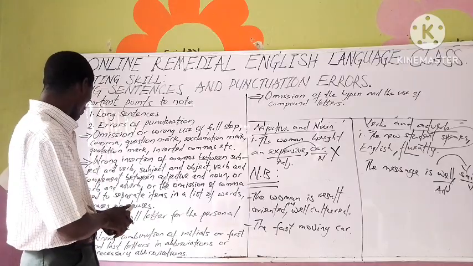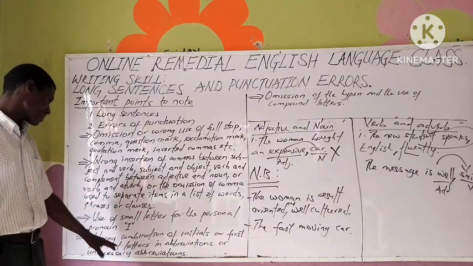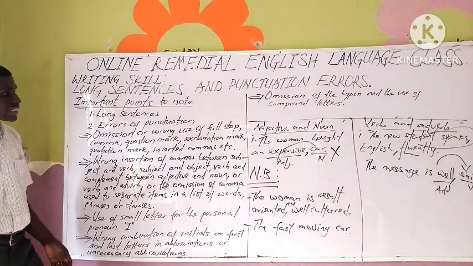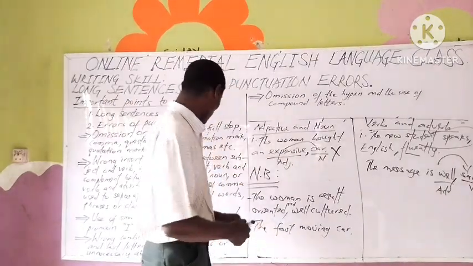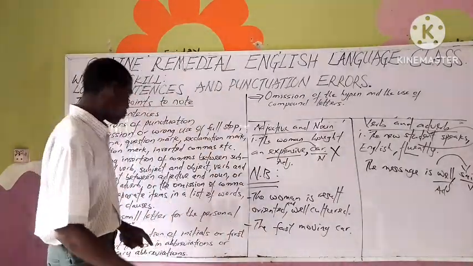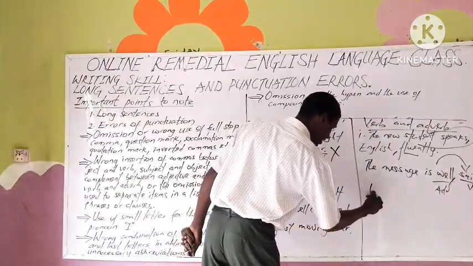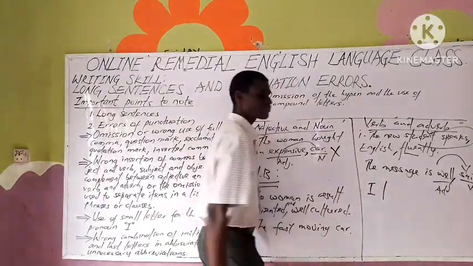Alright, now let's move on to the next item: use of small letter for the personal pronoun. I think I spoke extensively on this in the last video, okay? Now, please, anywhere you see the capital letter I in your writing, it must be capital letter I. And capital letter I is this. It is not this.